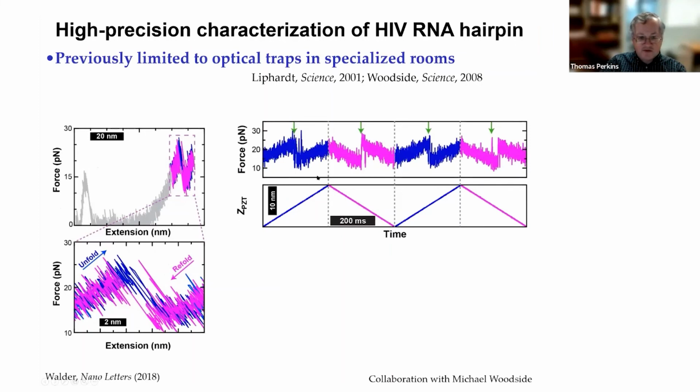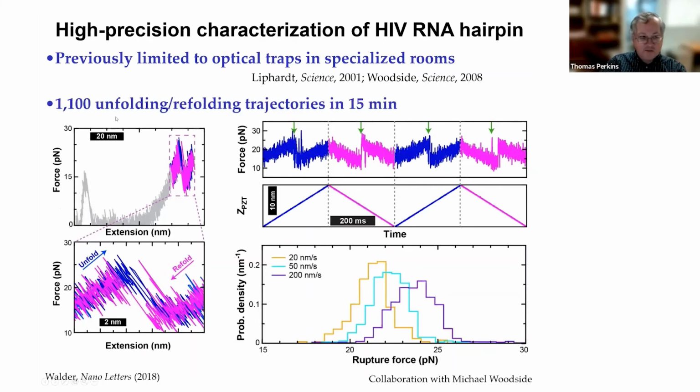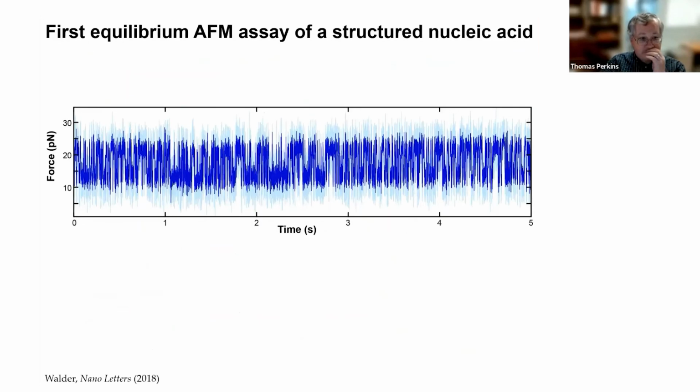And by using site-specific attachment, we can drive this many times. For a single molecule, we can actually measure the unfolding and refolding approximately 1,100 times, shown here, in 15 minutes. Now, this isn't 15, this is 1,100 unfolding events of the same individual molecule.